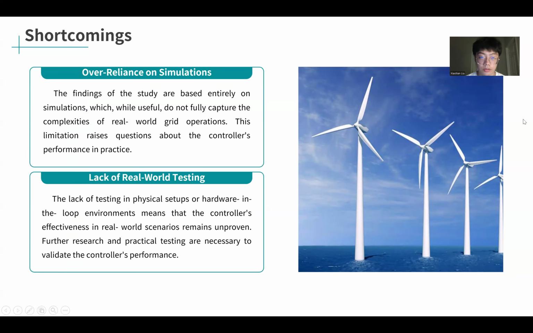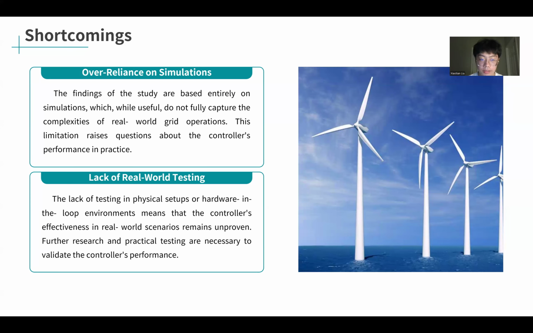Also, the newly designed LFC system and cloud PI controller study has shortcomings. One shortcoming is its over-reliance on simulations. The findings of the study and the paper are based entirely on simulations, which can be useful but do not fully capture the complexities of real-world grid operations. This limitation raises questions about the controller's performance in practice.